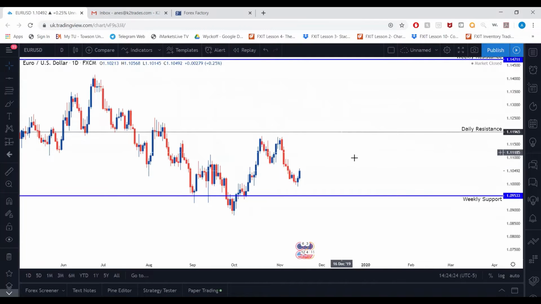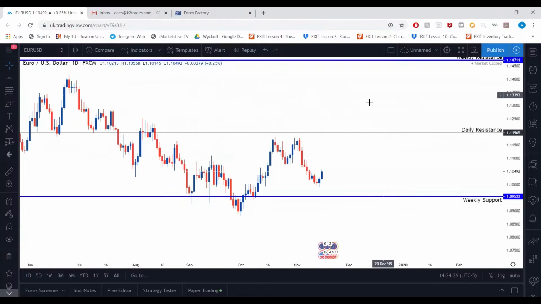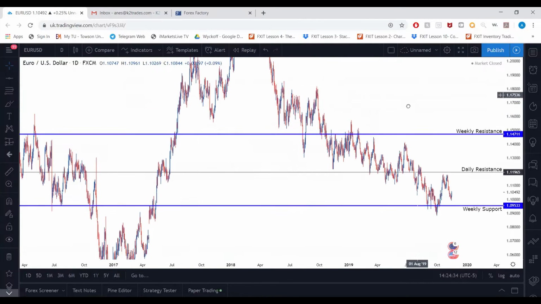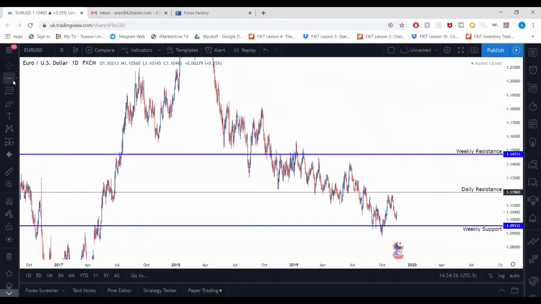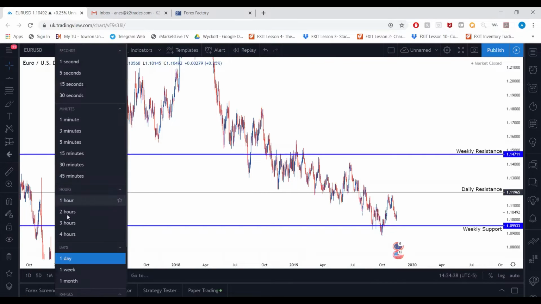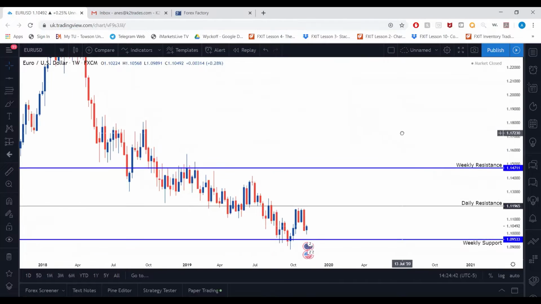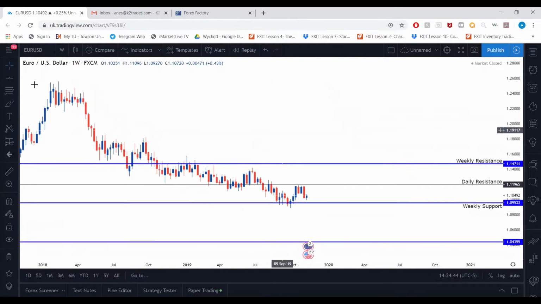All right, so on the daily, EU made a double top, dropped back here. It's still in an overall bearish trend. Just go back to weekly in a second. Yeah, it's still a heavy bearish trend.